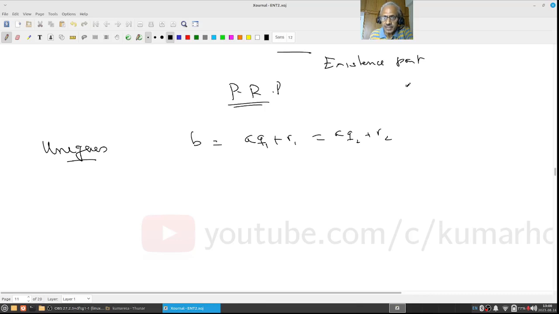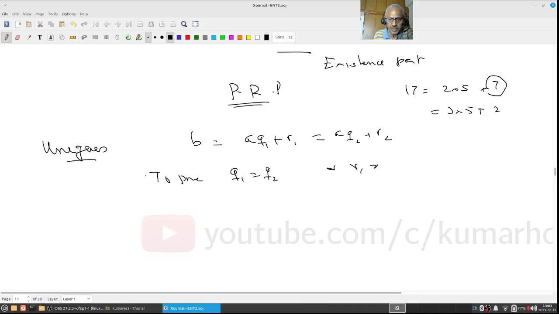Otherwise you notice that 17 can be written as 2 times 5 plus 7 or 3 times 5 plus 2, right? This 7 is greater than 5, but my remainder should be strictly less than 5. You understand? That is where the uniqueness is going to come. Suppose this, then the claim we want to prove is q1 equals q2 and r1 equals r2.